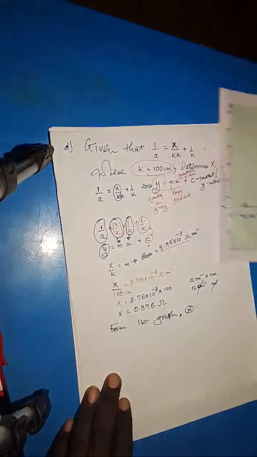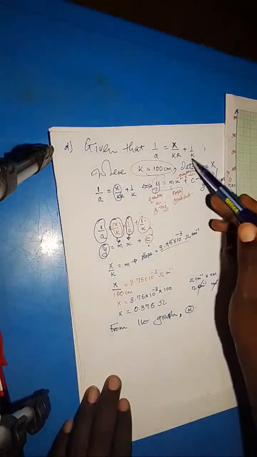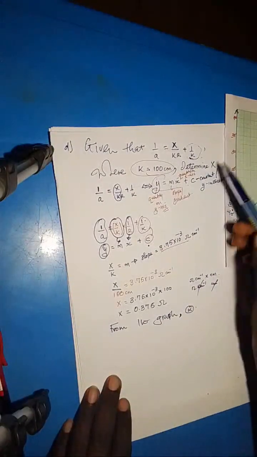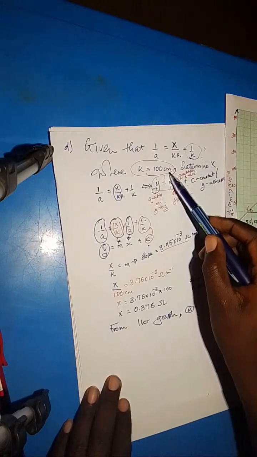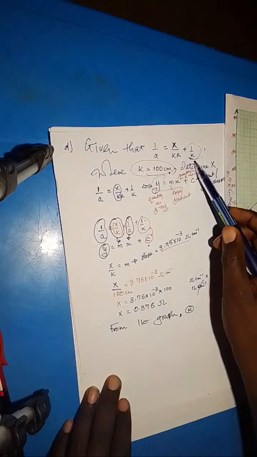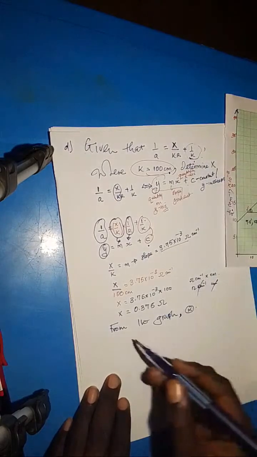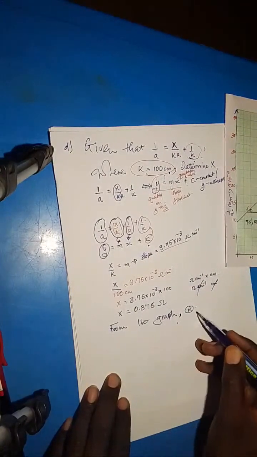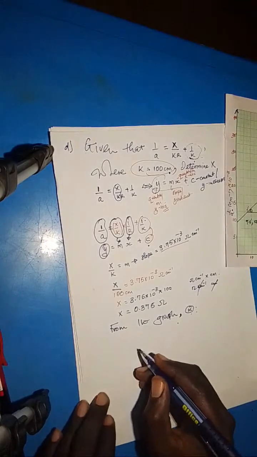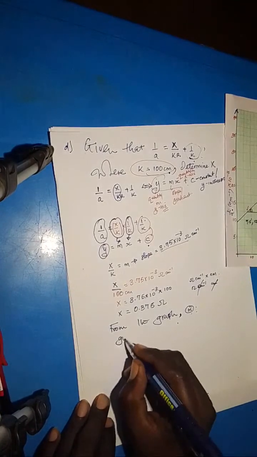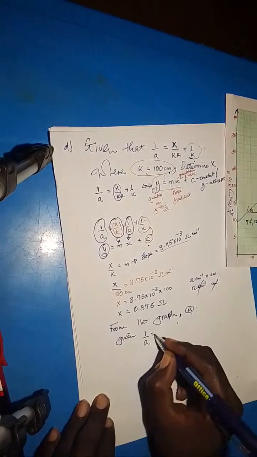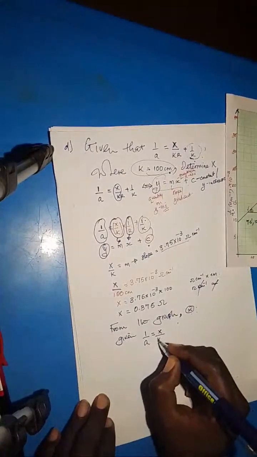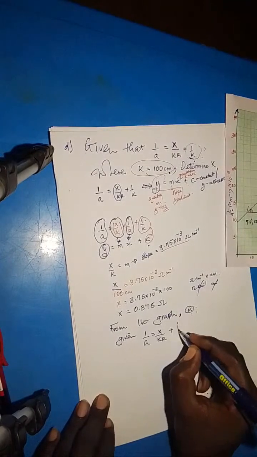If we do not have the one that we have been given k here. This one we had already been given k. But now we want to understand what is k from the graph given the equation that 1 over a is equals to x over kr plus 1 over k.